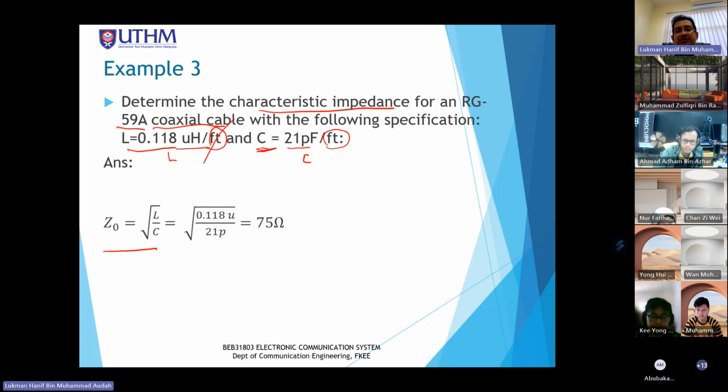So it is microhenry divided by picofarad, and you get the answer in ohms: 75 ohms.